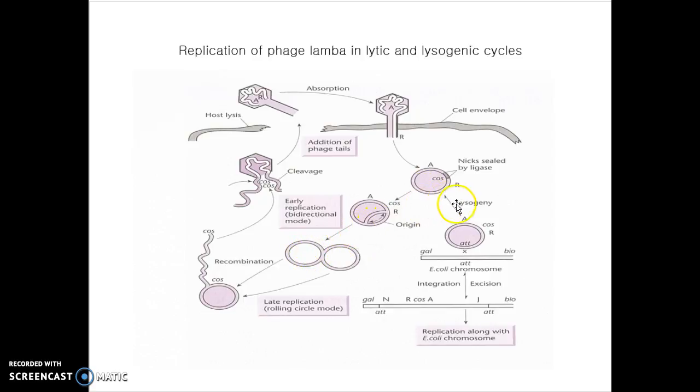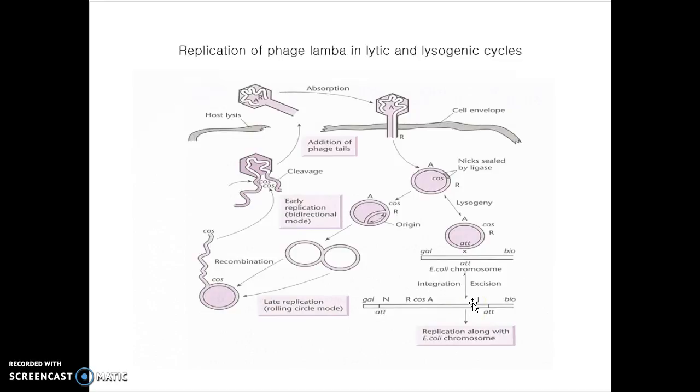So basically, in the lysogenic phase, the phage DNA is just incorporated into the E. coli chromosome at a specific site and behaves like an E. coli chromosome.